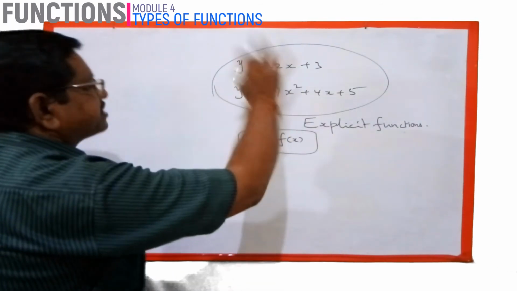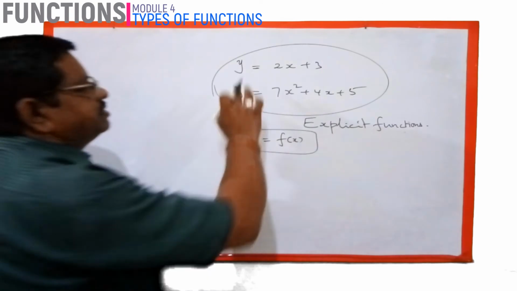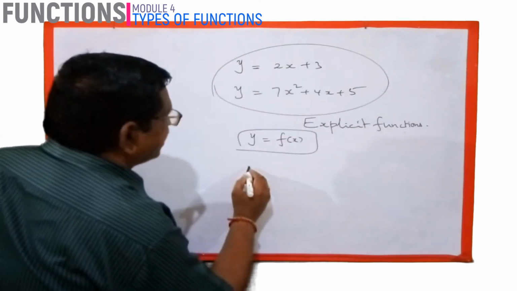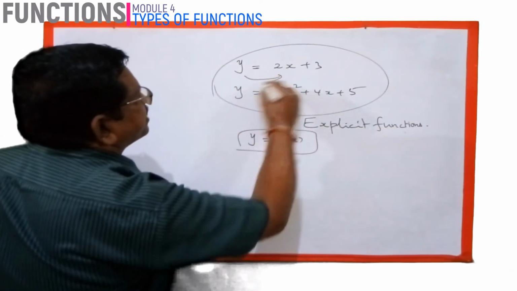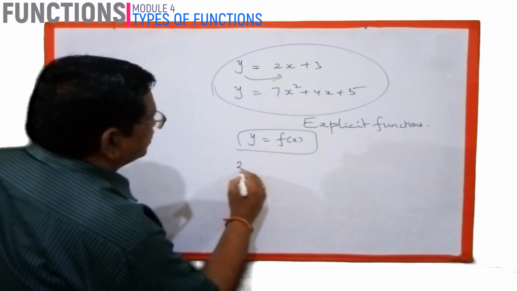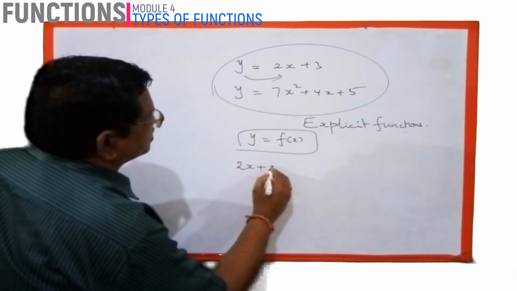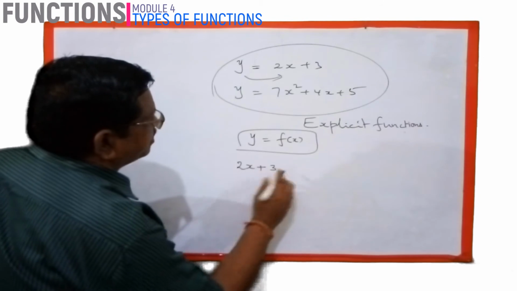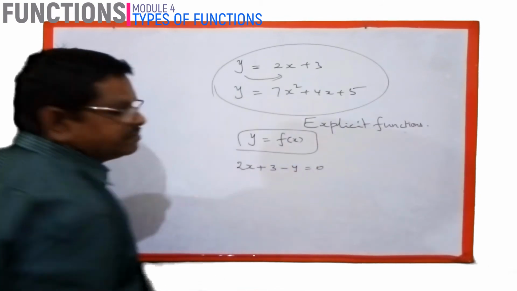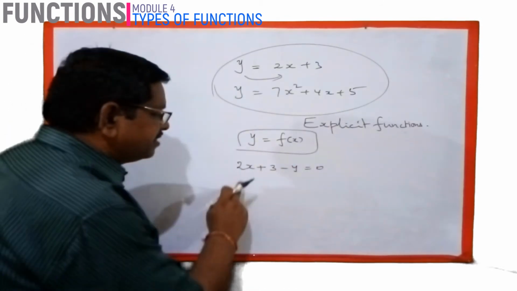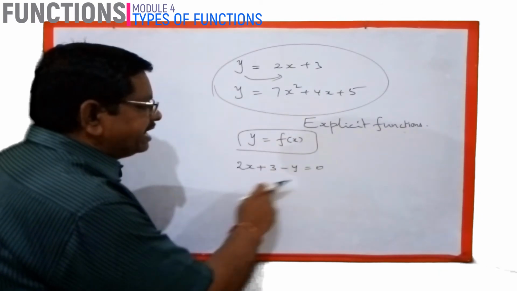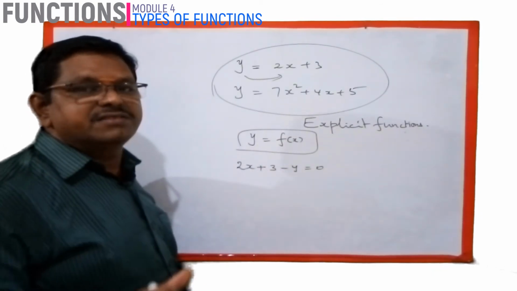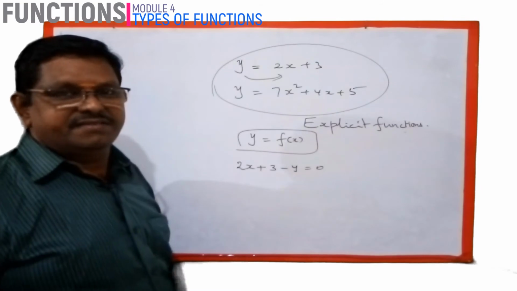Suppose, let us take the first one, that is y is equal to 2x plus 3. By taking this y to the right hand side, we will get another equation, 2x plus 3 minus y is equal to 0. What has happened? Here both dependent and independent variables are mixed together.